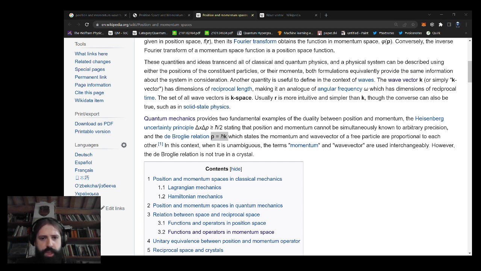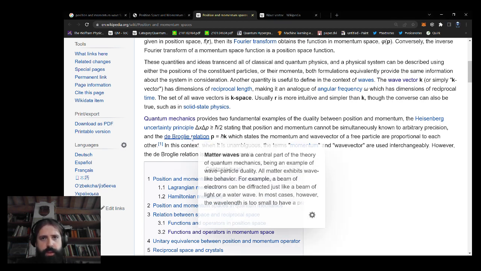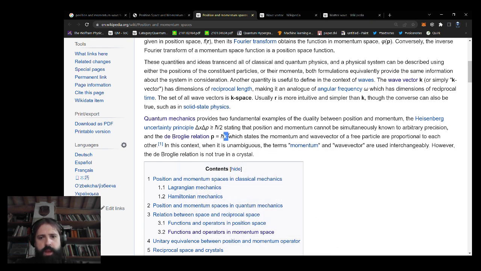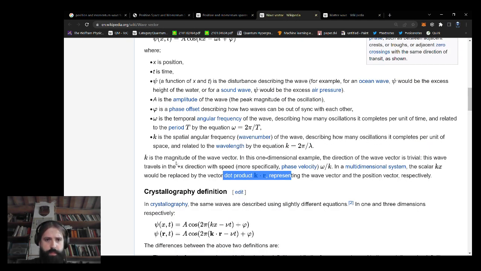Okay, so this relationship makes a bit more sense because now I understand what k is. So k is basically the wave vector. If I understood well, k is the actual magnitude of the wave vector, the spatial angular frequency, which tells you how fast the wave travels in space, in a way, or how fast it oscillates in space.